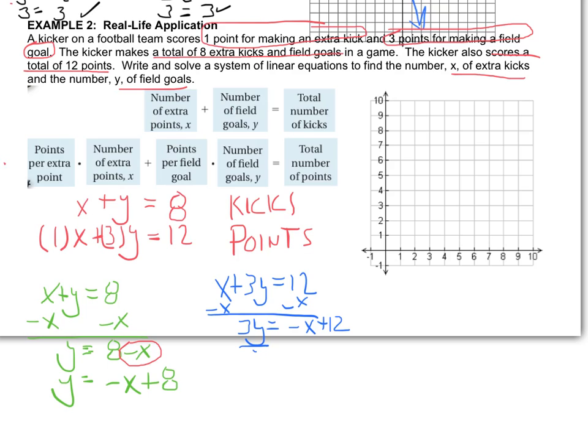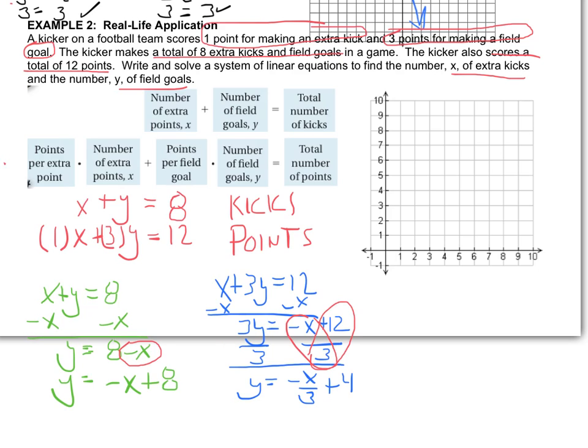But then I have to do one more step on this one, which is to divide by 3. So y equals, and remember, this 3 has to go into both of these terms. I'm going to get negative x divided by 3, and then 12 divided by 3 to get 4. So now I'm going to graph.